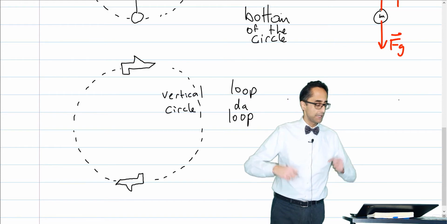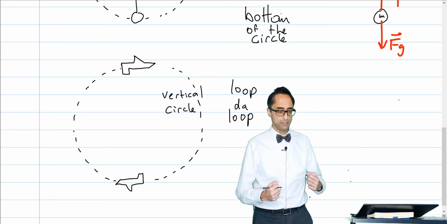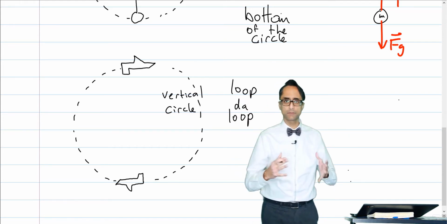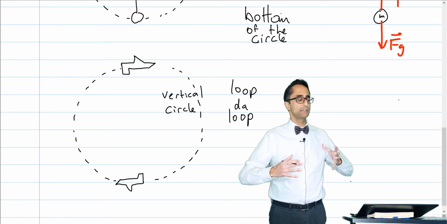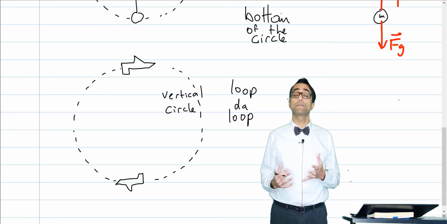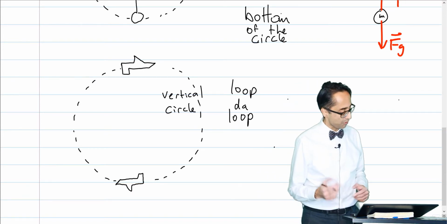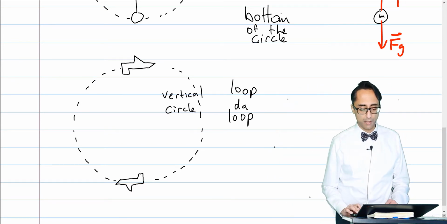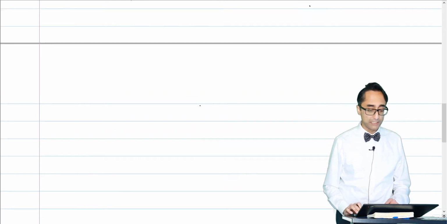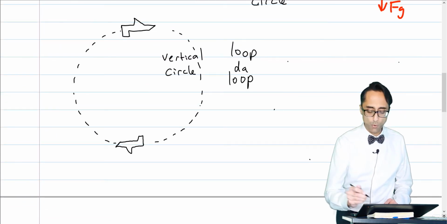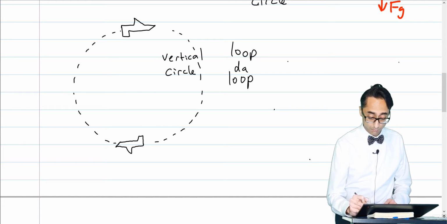Not on the airplane itself, but what about if we had ourselves a fighter pilot? A fighter pilot is sitting in the cockpit on the seat and is going to experience different forces at the top and the bottom of the circle. So I'd like you to try this yourself. I'm going to draw a bit more of a realistic picture just so we understand what we're drawing, but I would like you to draw the forces onto our pilot.